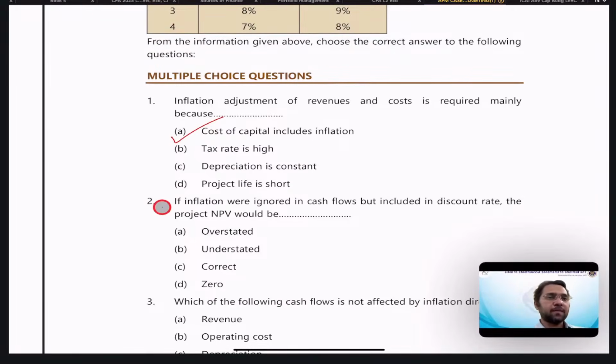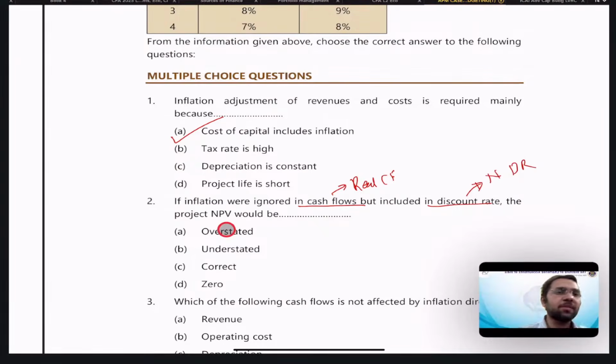Second, if inflation were ignored in cash flows but included in the discount rate, the project NPV would be. So inflation is ignored in cash flow, so you are taking the real cash flows, but inflation is included in the discount rate, so the discount rate will be the nominal discount rate.